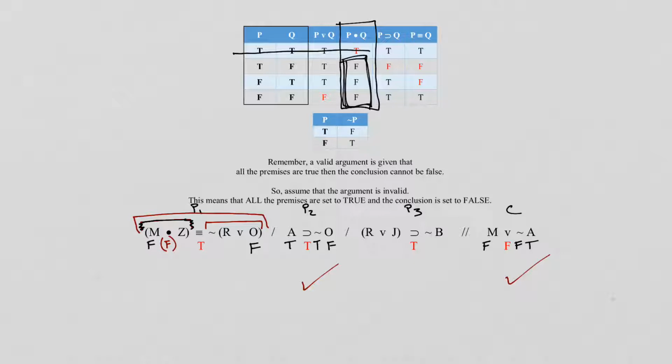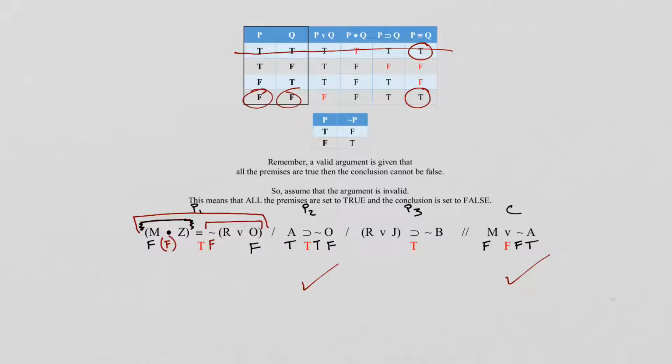Okay. So now that we know that one side of a biconditional is false, if we look up here, remember we need it to be true. And that's not going to be an option. We already know that one side is false. So our only option is the other side has got to be false as well.